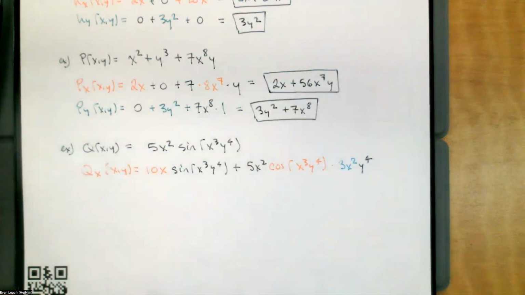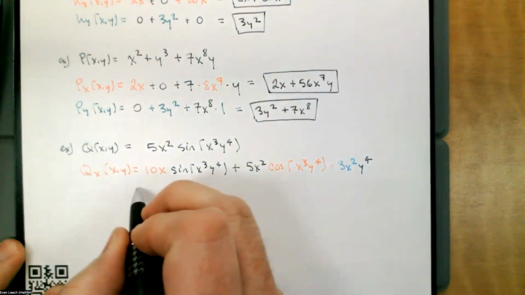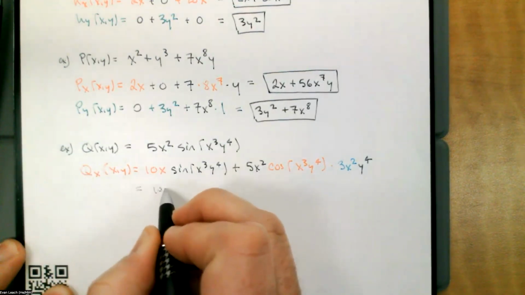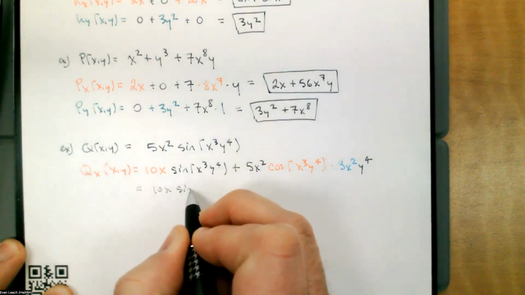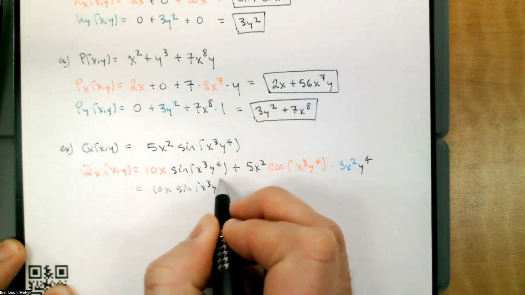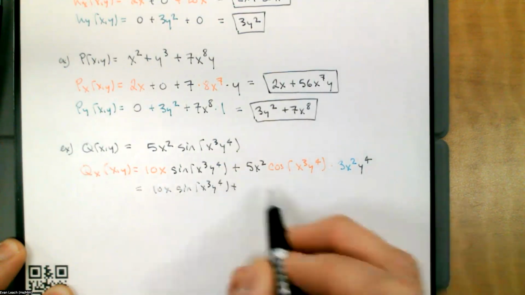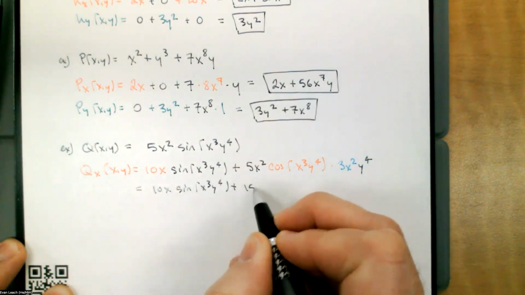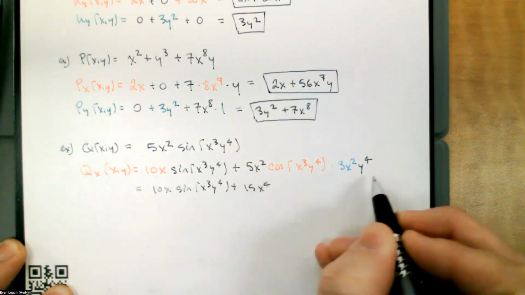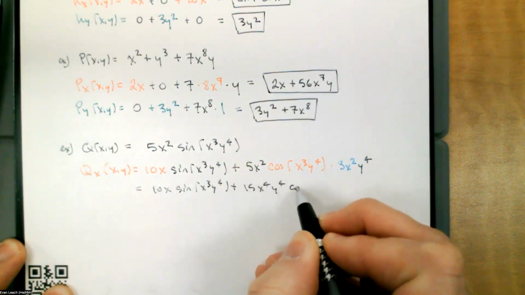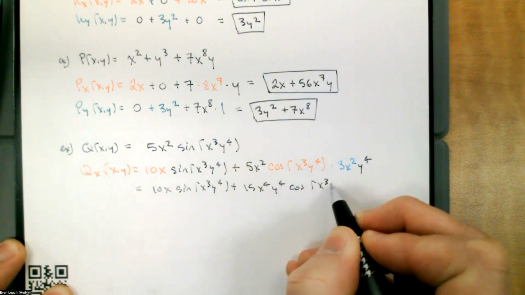This is also a mess. We should simplify this. This looks terrible. So I'm going to halfway simplify it. So I got 15 x to the fourth, y to the fourth, cosine x cubed, y to the fourth.